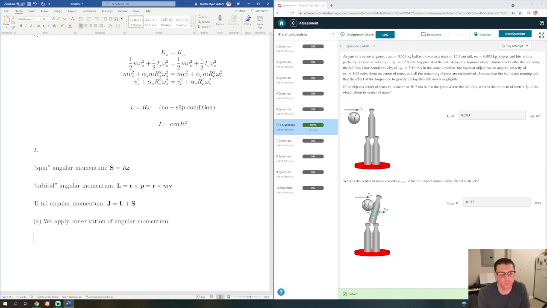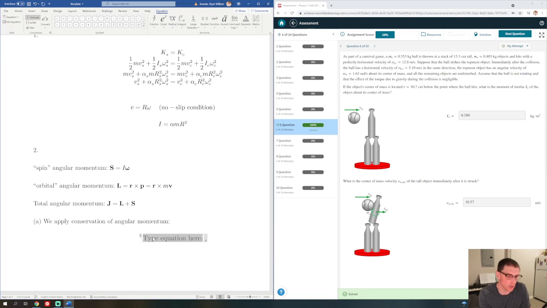So initially there is orbital angular momentum. The ball has it, right? And if we just want to talk about magnitudes, J naught is just L naught plus 0, because I think they say the ball is not rotating. So there's no spin angular momentum. It's just the orbital.